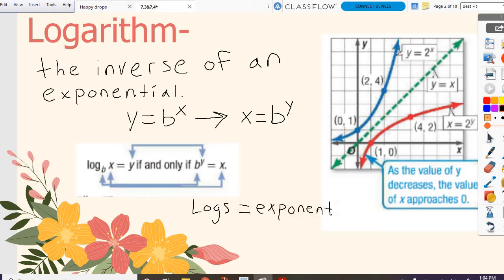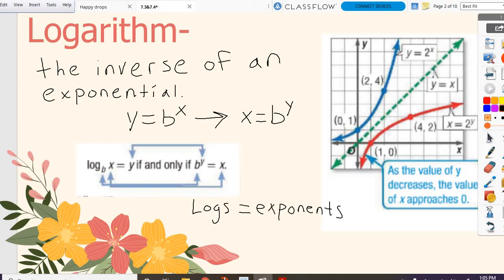Notice that when we are converting from our logarithmic form to our exponential form, or vice versa, whatever is in my exponent, which in our case is the y, goes to the opposite side of our logarithm when we convert it to log form. That's why I say logs equal exponents: it's a handy way to remind ourselves which one goes where.